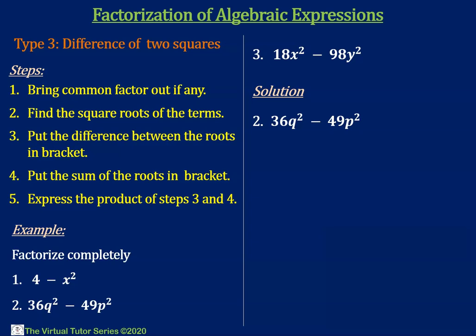So the expression can be rewritten as 6q all squared minus 7p all squared. Now we put the difference between 6q and 7p in bracket and put the sum of 6q and 7p in bracket and set them against each other.